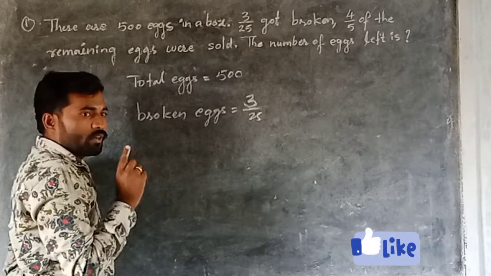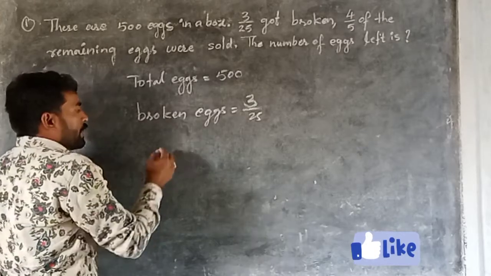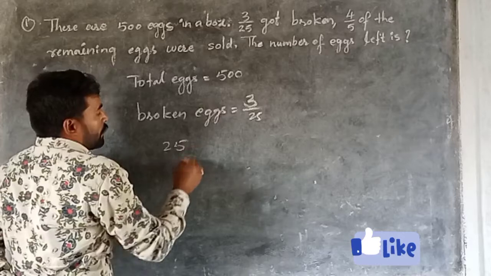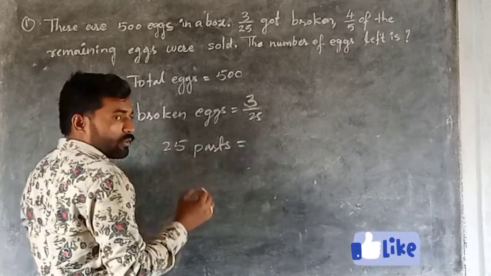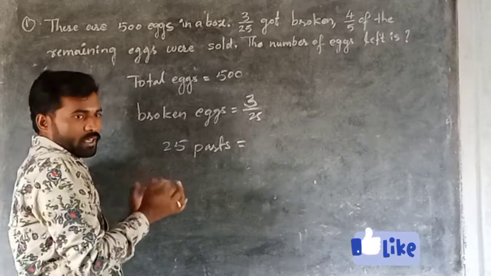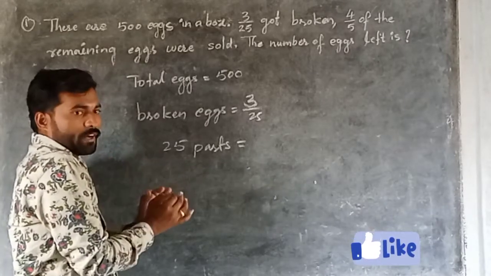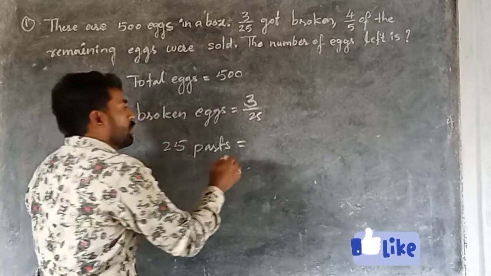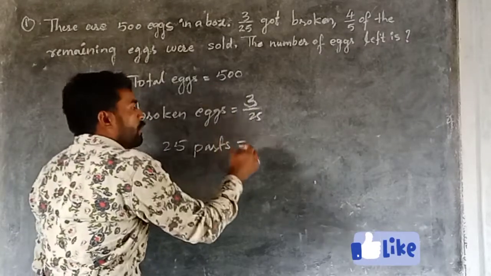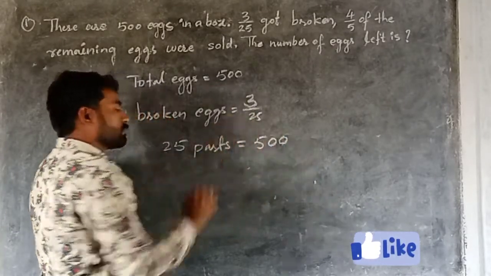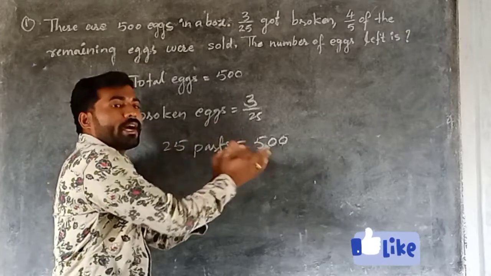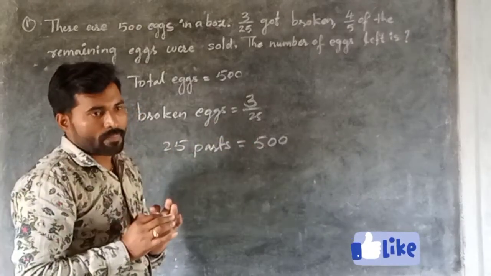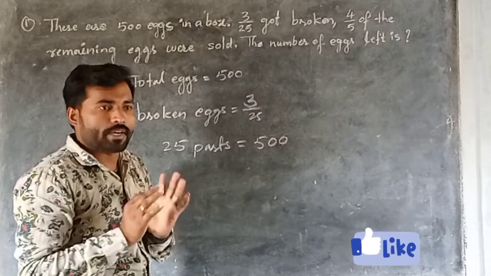Here I am writing 25 parts, the whole, that means total parts are 25, and total eggs are 500. That means 25 parts are equal to 500 eggs.